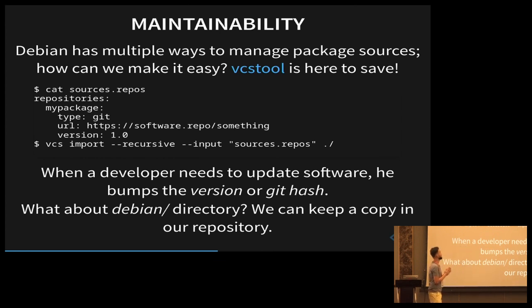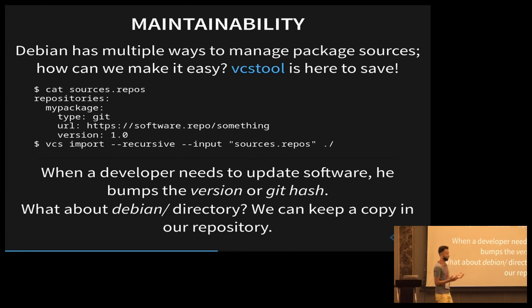You just define the type of repository, URL, and version, and you can also define a hash, and it will download the repositories recursively and put everything in place, so you don't have to care about that anymore. That's the good thing. And when the developer needs to update software, he just changes the hash in this file.